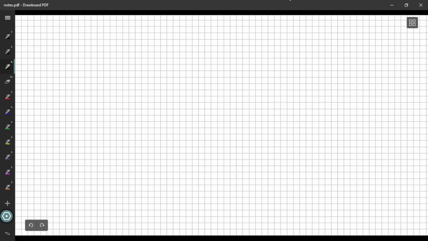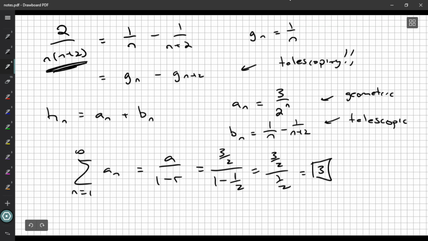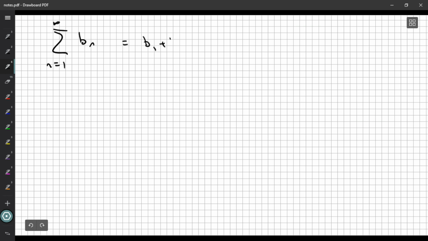How about the b_n's? How do you tell if a telescoping series converges? If you know your d value, which in this case d is 2, then if it converges, it converges to the sum of the first d terms, in this case 2 terms, minus the limit of a sum of 2 consecutive terms in the sequence.